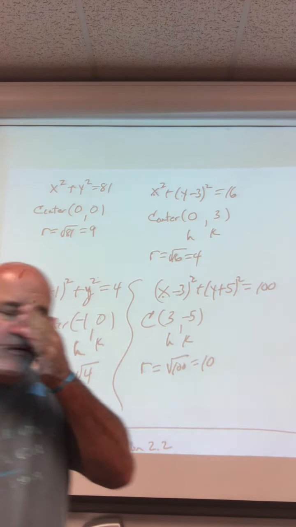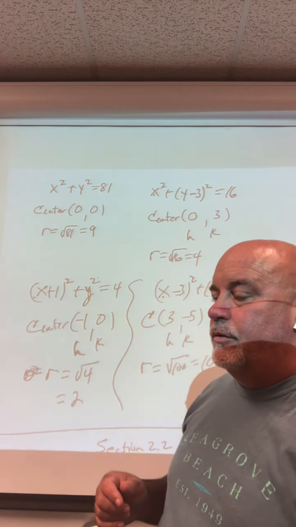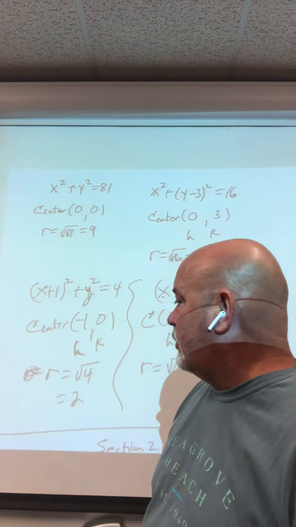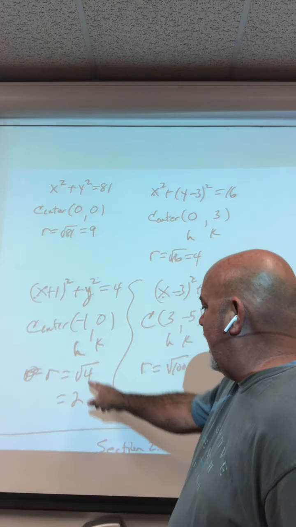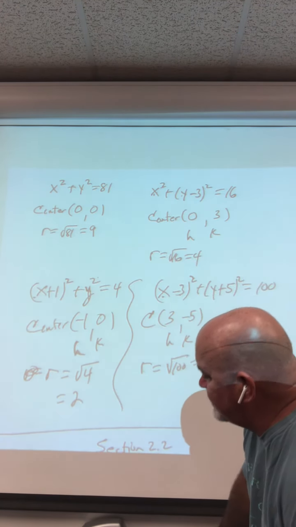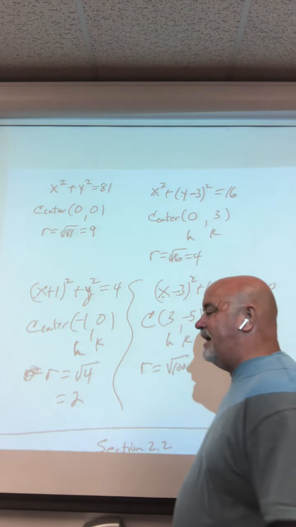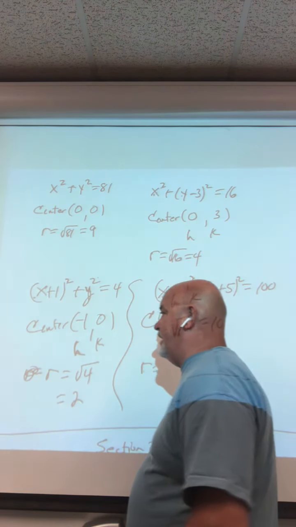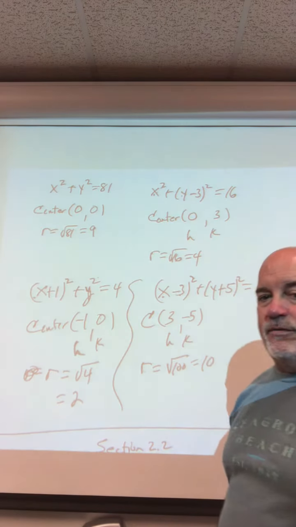Now what I want to do is this. I want to turn the tables around. Suppose I gave you the center of the circle, and suppose I gave you the radius of the circle. So suppose instead of asking you to find the center and radius of the circle, I give you the center and radius and ask you to write out the equation of the circle.